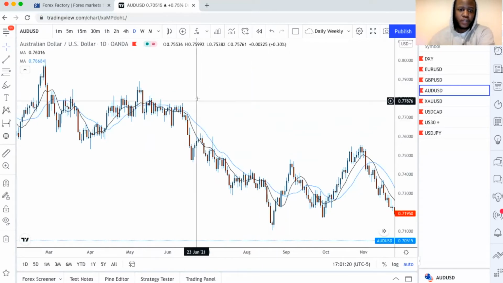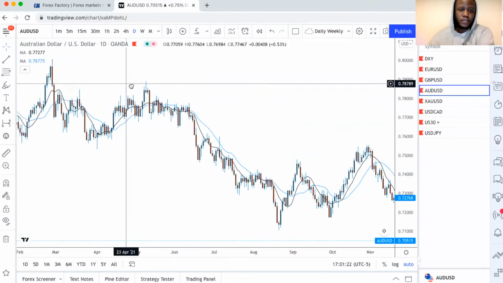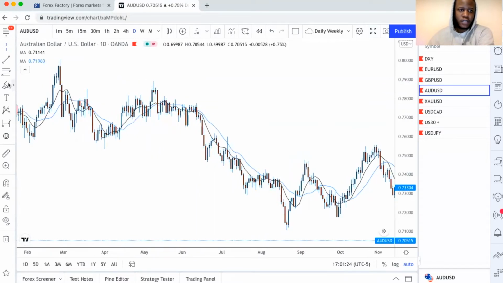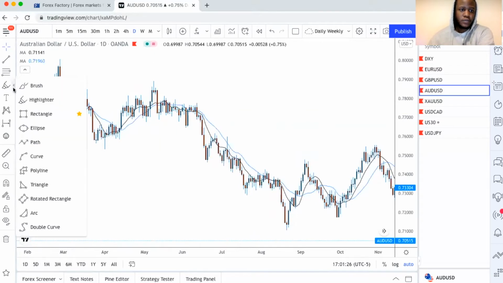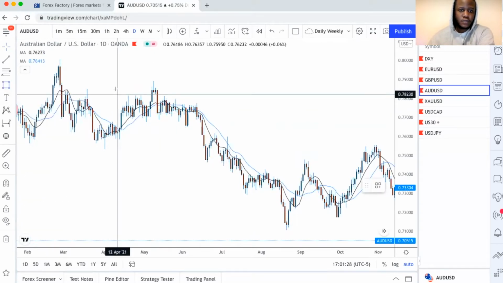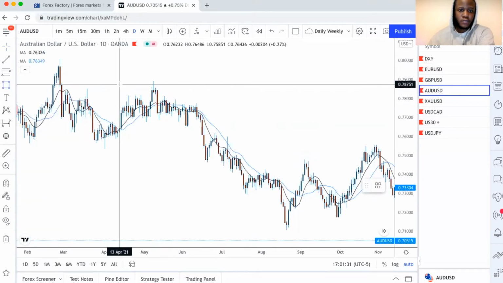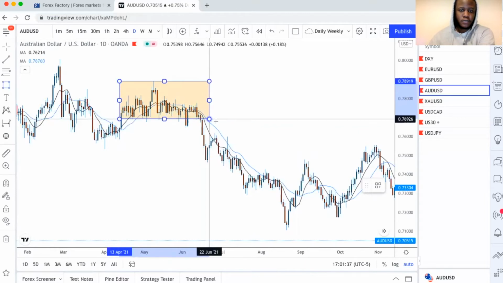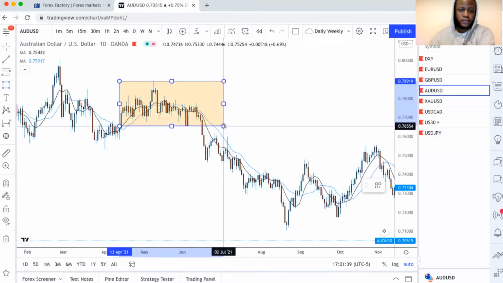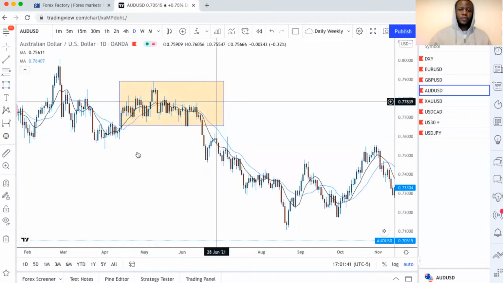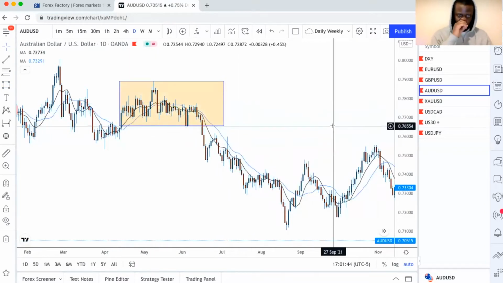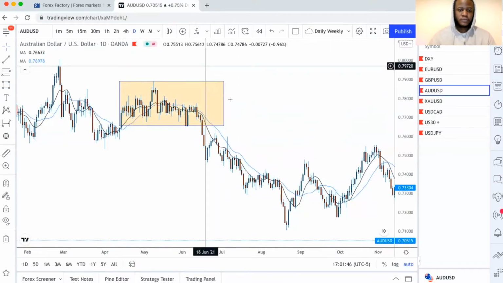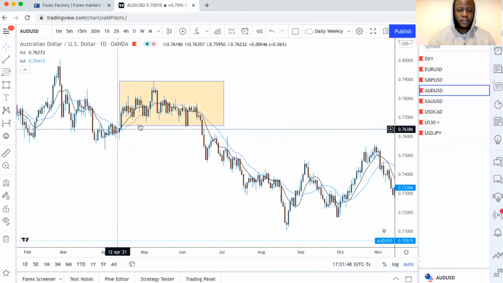So, okay. Let's see. Right here, you guys can see I have a big consolidation. This whole thing is consolidating. Well, what do you guys see?